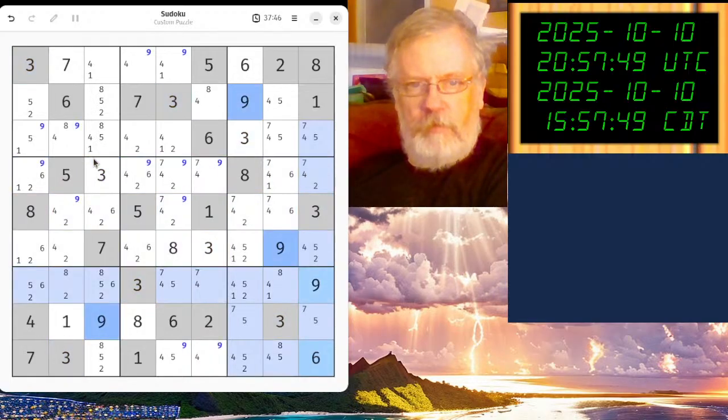Now let's see if we can do anything more. Okay. One thing I can do is clean up these 5s. They don't belong here with the 7, 5 pair here.